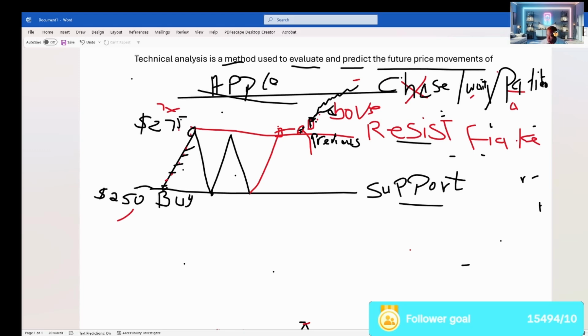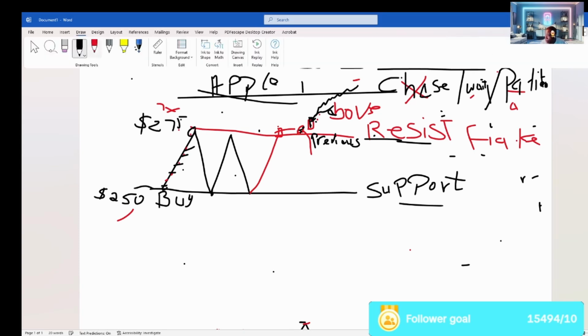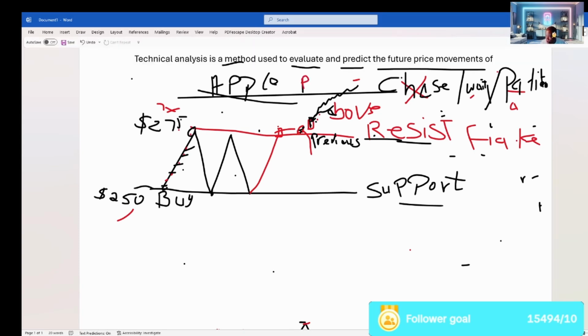Now this resistance here is going to become support, because this one will be the new resistance. That's why we say resistance becomes support. This one will be a support, because this one is going to create a new resistance.